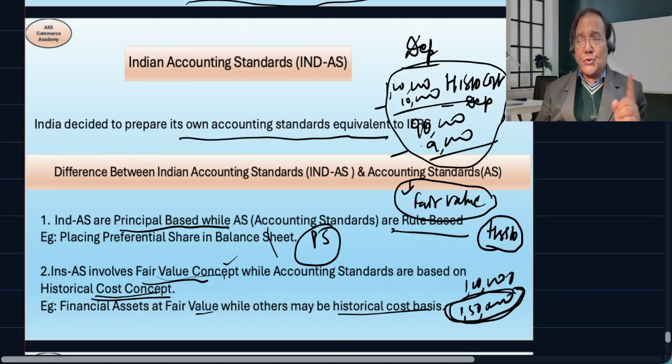So it has to be treated with fair value. If there is an increase in the value of investment, then that is a profit and it is to be treated in the books of account.